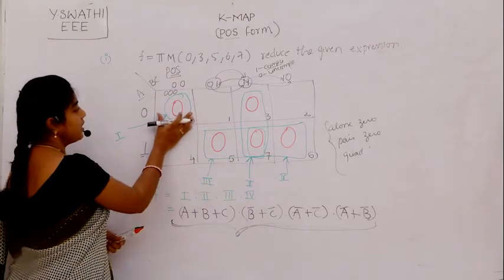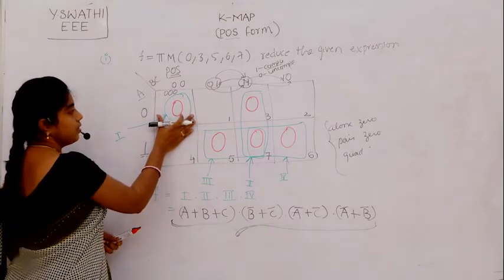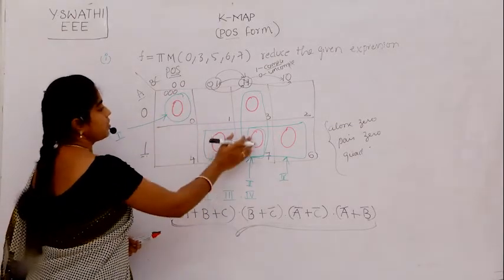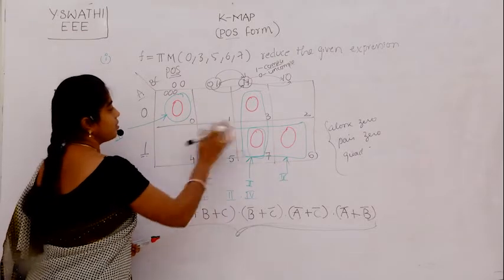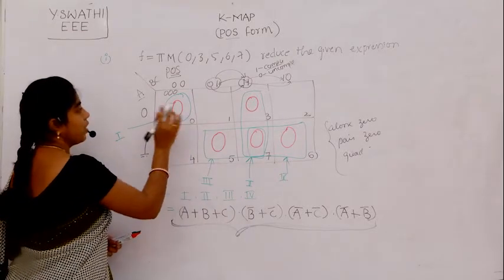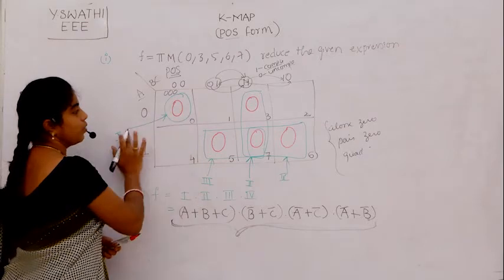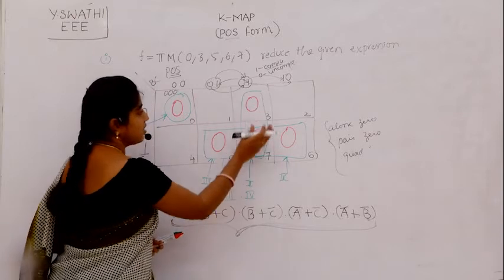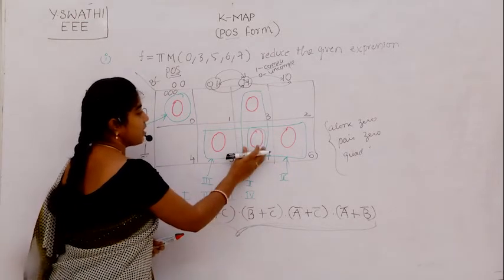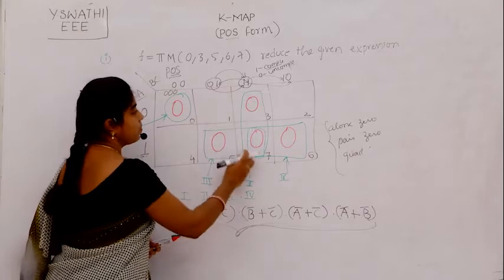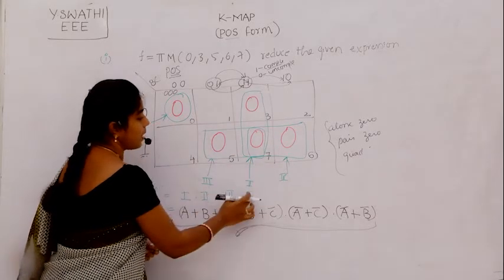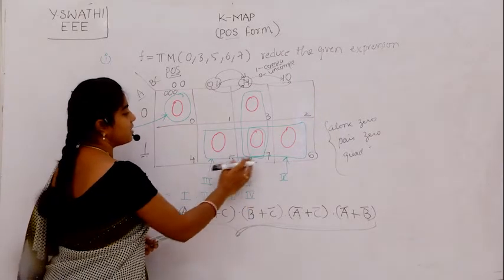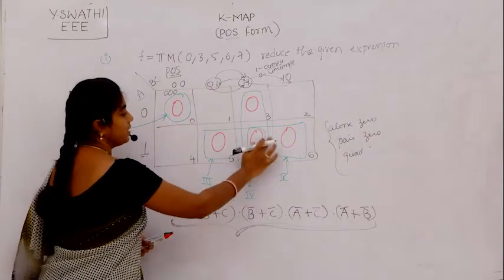So here if you see, this 0 is not adjacent to any other zeros in the given function. That's why we group it as alone. After that, we can see that this 0 is adjacent to this cell. This 3 and 7 cell are adjacent to each other. That's why we group this as the second prime implicant. In the next form, this 5 and 7 are looking as adjacent to each other.